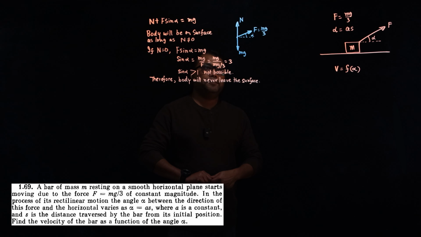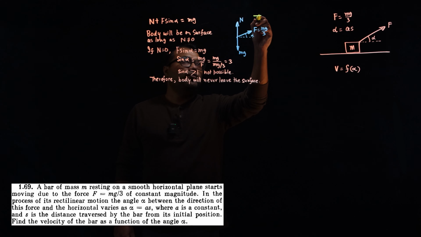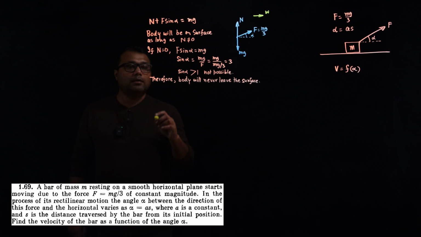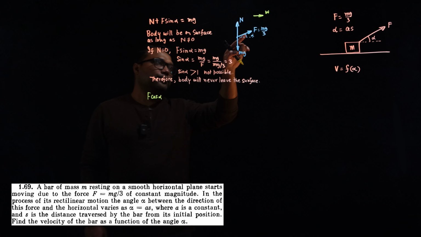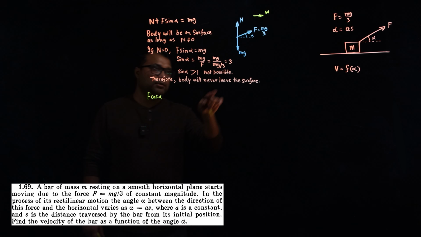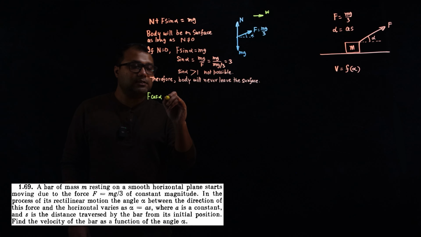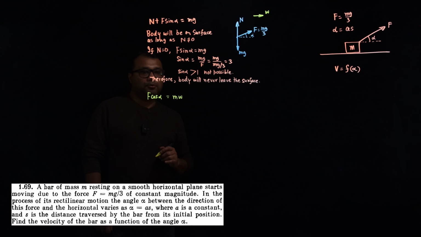Now, what is responsible for the body to move in this direction? Let's say with acceleration w. F cos alpha, which is the force's component in this horizontal direction, is responsible for the acceleration of the body, mw.